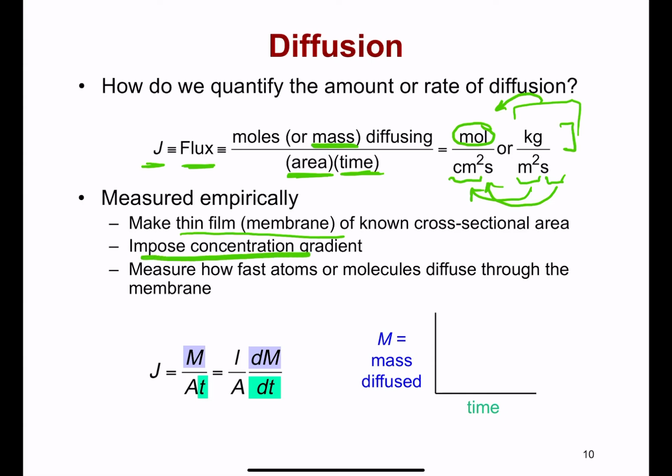We impose a concentration gradient, high concentration on one side of that membrane to low concentration on the other. Again, imagine that moment just before coffee starts to move across your coffee filter paper. High concentration of coffee on one side, zero concentration on the other, and we measure how fast water and all the molecules within water move across that coffee filter.